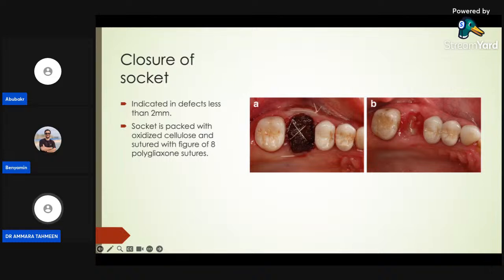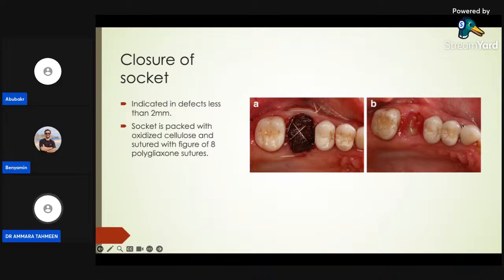This brown thing that you are seeing is the oxidized cellulose, which is packed into the socket. Then it is held with figure of eight sutures using polyglactin sutures. This is secured with the sutures.